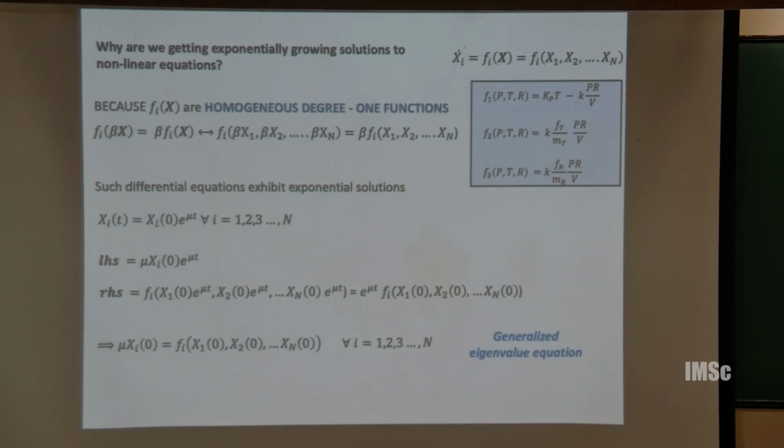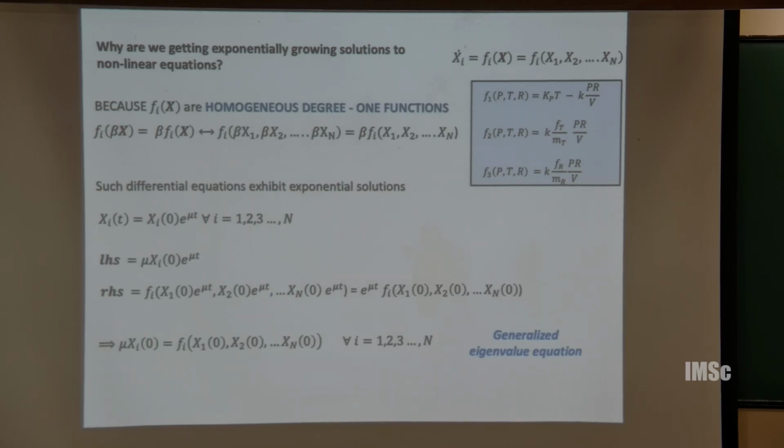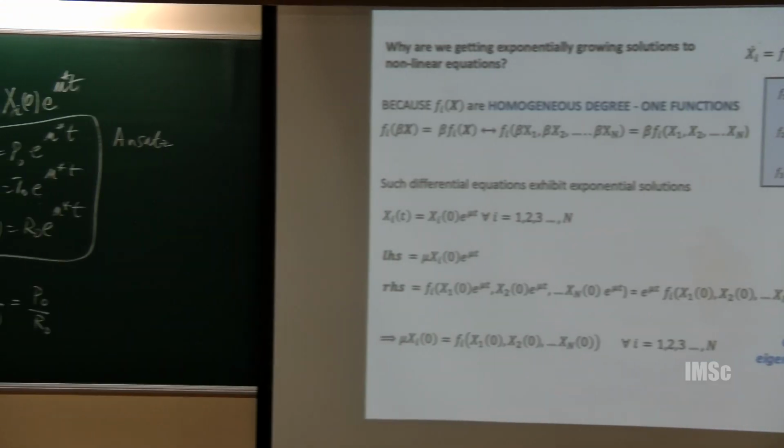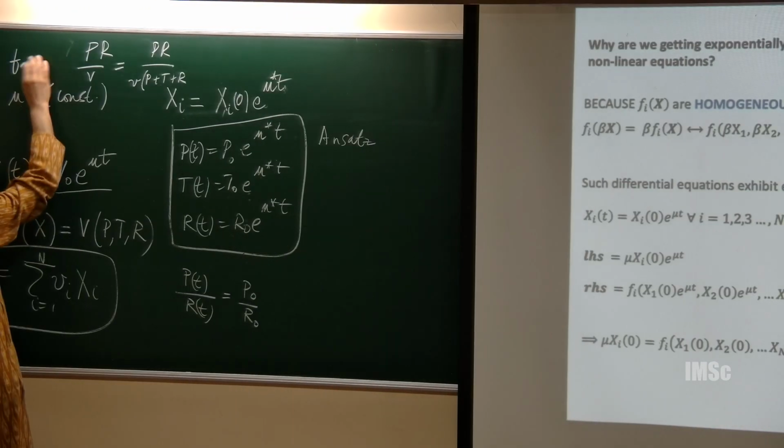Should I just write it down? Let's take this PR by V. This is equal to PR by little v into P plus T plus R. Let me call this function f of PTR.